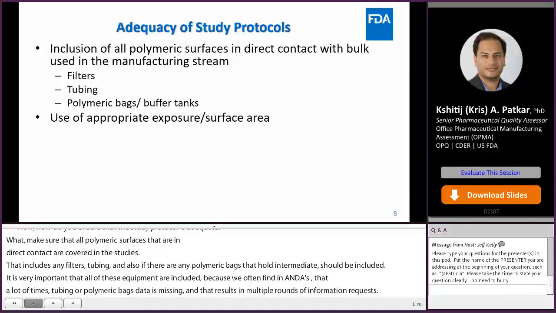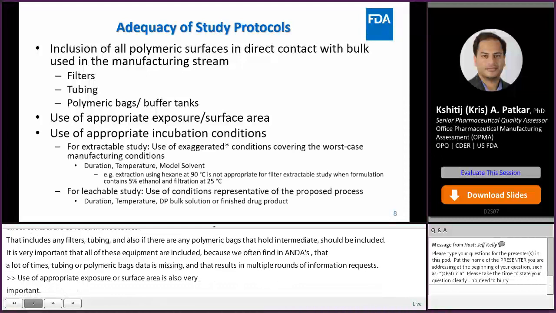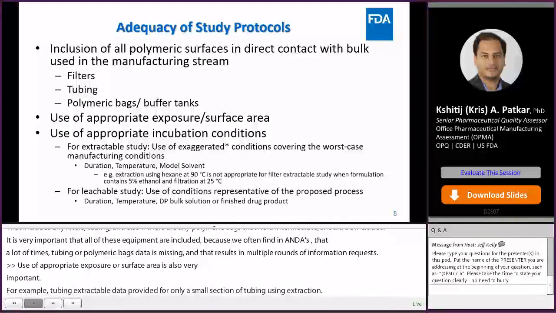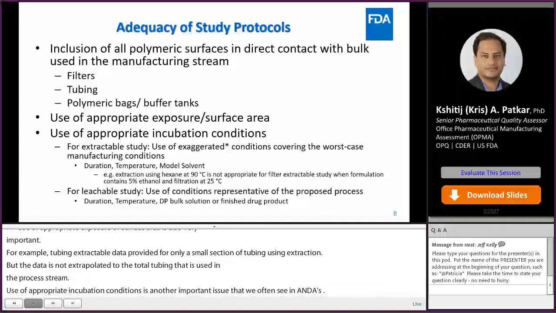Use of appropriate exposure or surface area is also very important. For example, tubing extractable data is provided for only a small section of tubing used in the extraction, but the data is not extrapolated to the total tubing that is used in the process stream. Use of appropriate incubation conditions is another important issue that we often see in ANDAs.